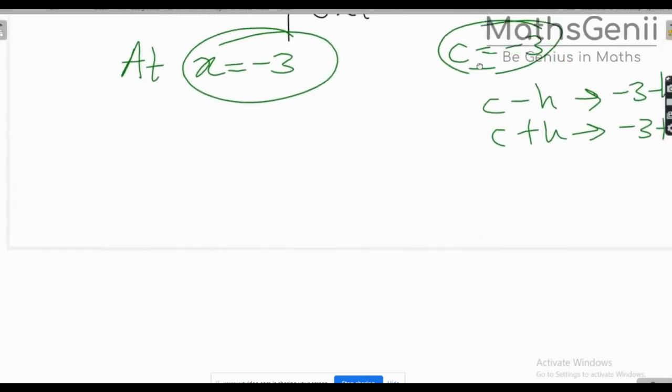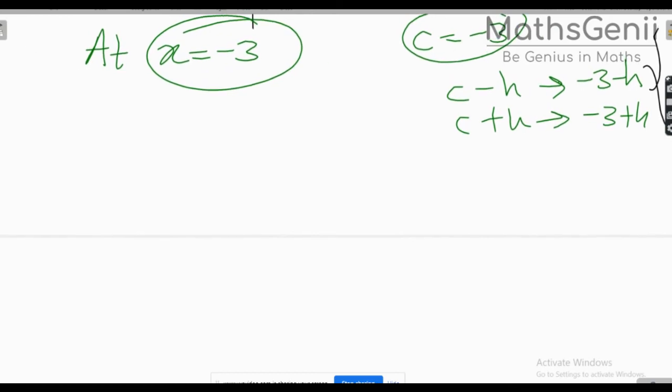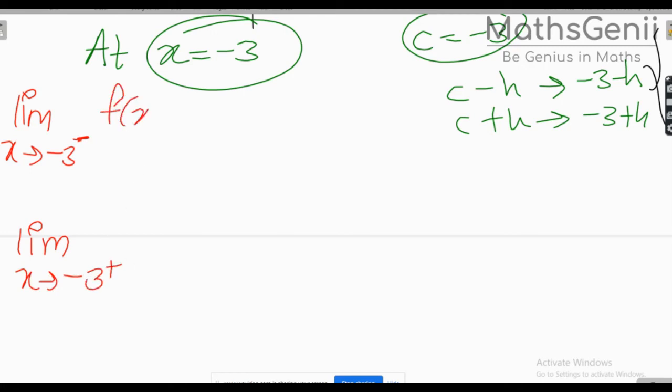Now, again, what you have to prove? Left hand limit, right hand limit, and the value at c should be equal. 3 things you have to prove. Left hand, minus 3, the negative side. Then plus 3, the positive side. Now, what I have taught is the second step is change into h.